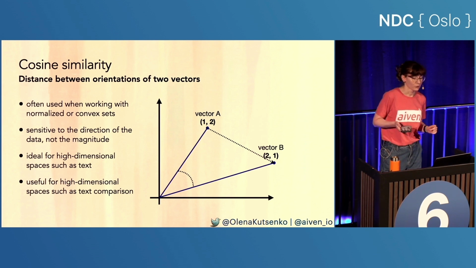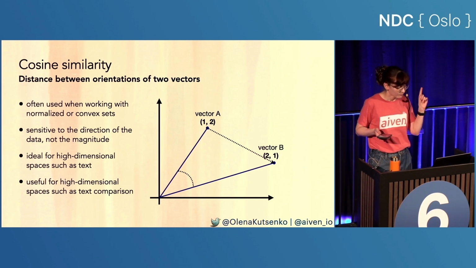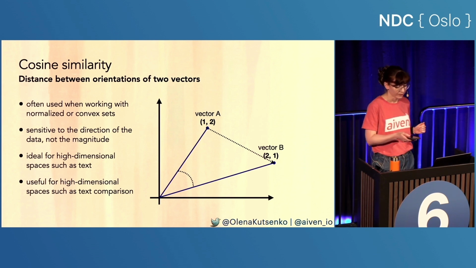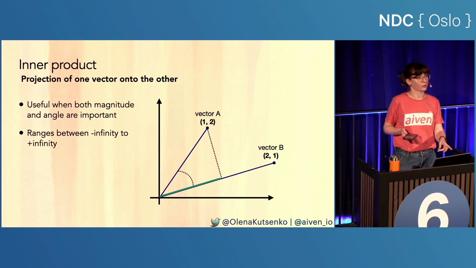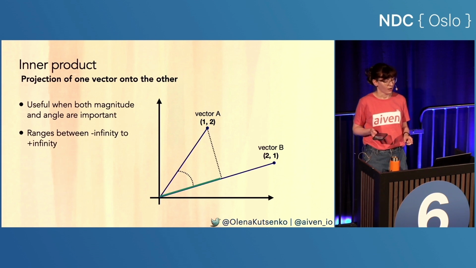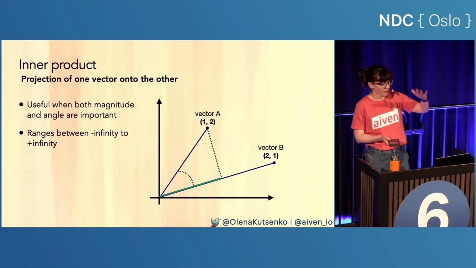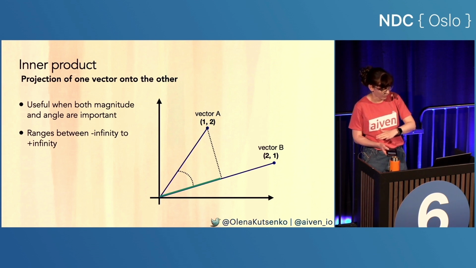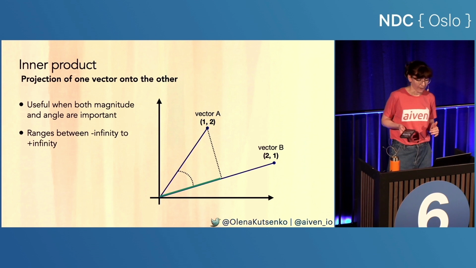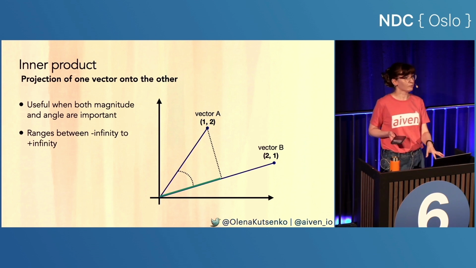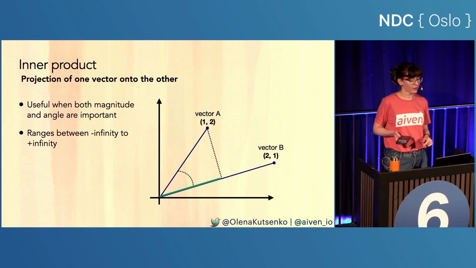So here, instead of cosine similarity, you might consider using inner product, another very, very popular way of calculating the distances by projecting one vector onto another vector. But if you have normalized data, then cosine similarity will give you the same result as inner product.